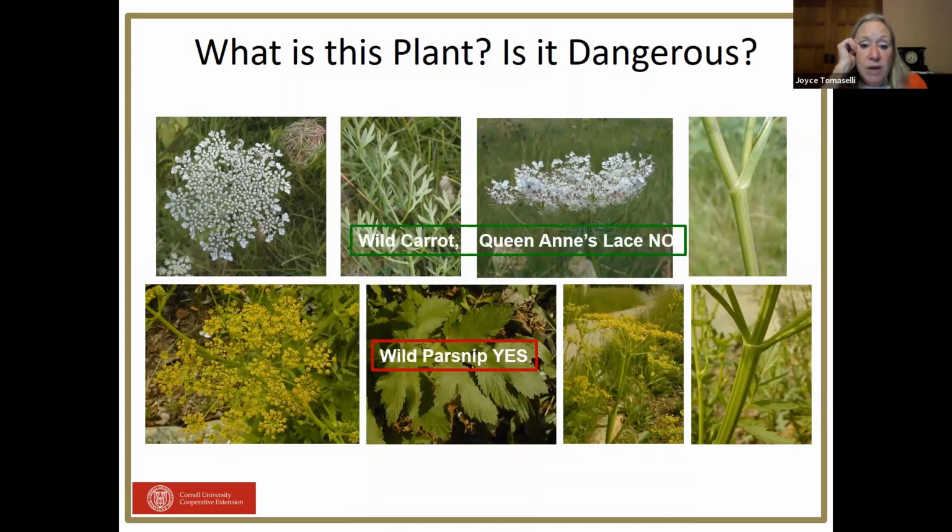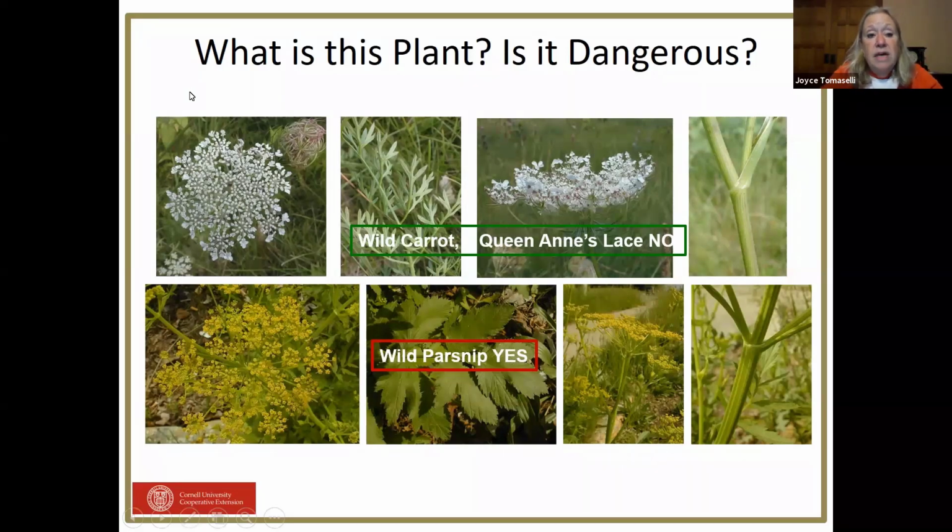So the top one is Queen Anne's lace, and the bottom one is wild parsnip. And wild parsnip is just as dangerous, but in a smaller plant, as giant hogweed. You get the same reaction if you get the sap on your skin and the sun on the sap. So Queen Anne's lace, actually, there's another plant that's similar to Queen Anne's lace called wild chervil.